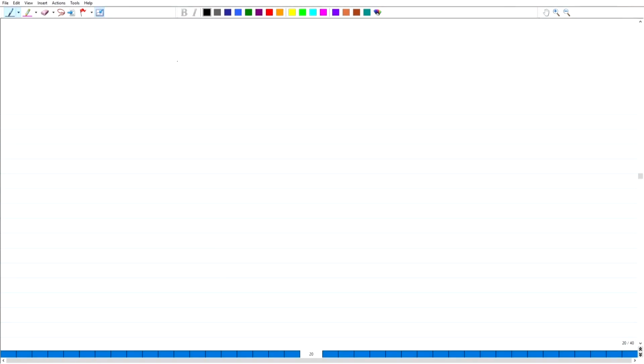Now, what we have seen is that f hat is defined through e to the power 2 pi i x xi. So, this is just to write the notation: f hat at xi is equal to the integral from minus infinity to infinity of f of x e to the power minus 2 pi i x xi dx.